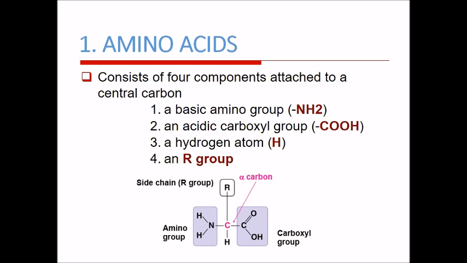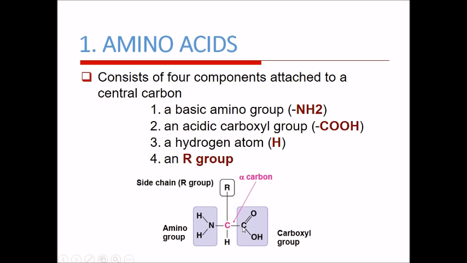So, the amino acid structure, the monomer of the protein, has four important components that attach to its alpha carbon or central carbon. The first one is a basic amino group, NH2, that attaches to the carbon.